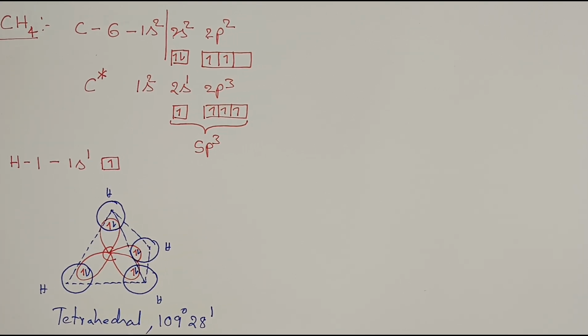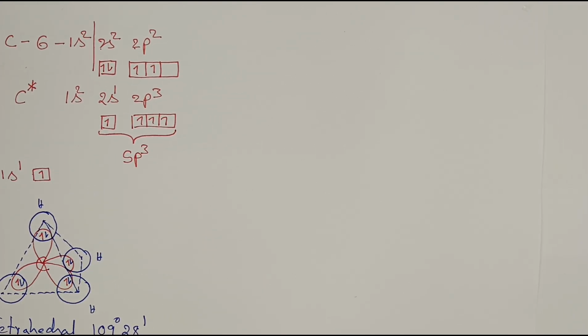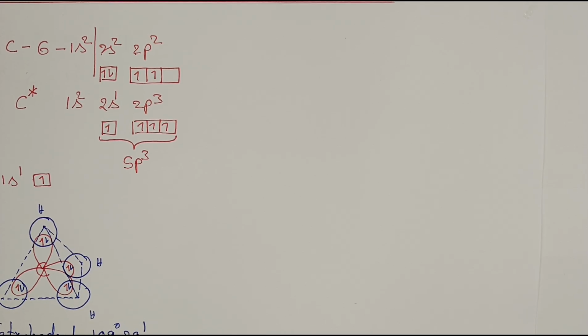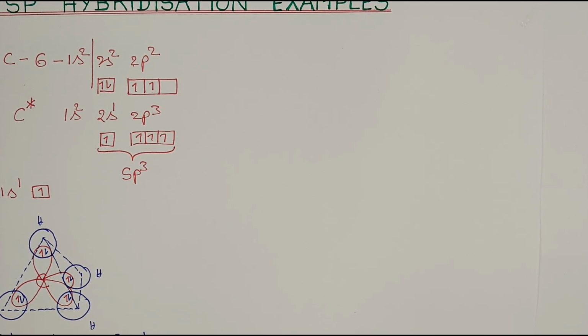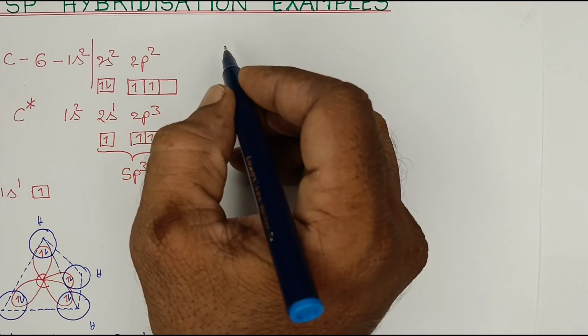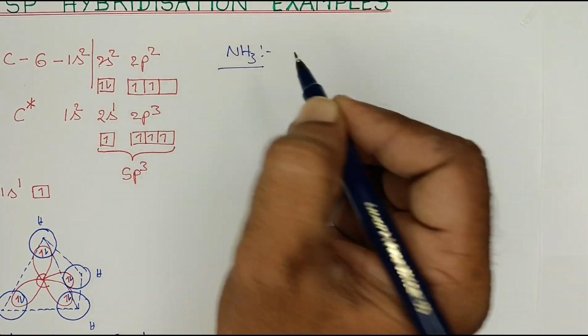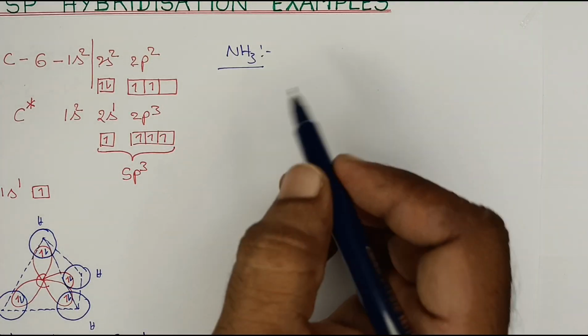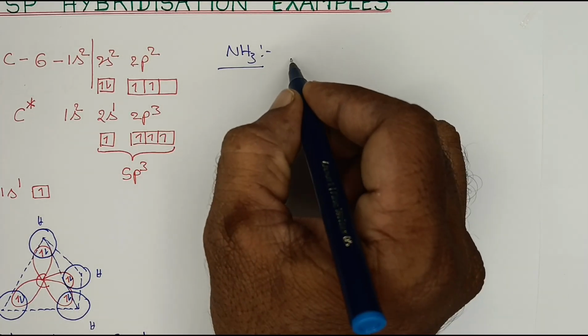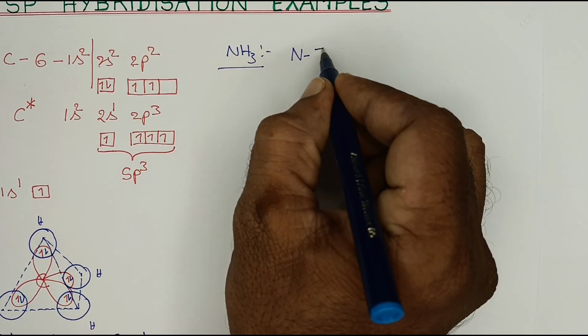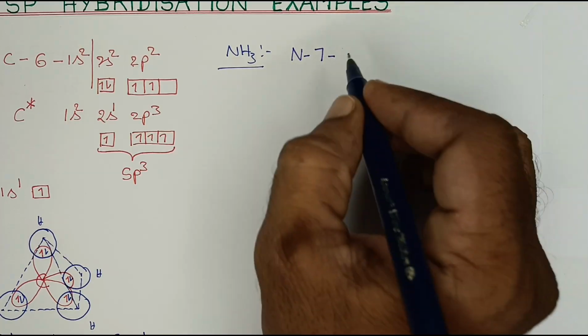Other sp3 hybridization examples are NH3 and H2O, the ammonia and water molecules. First, NH3, ammonia. In the NH3 molecule, the central atom is nitrogen. Nitrogen's atomic number is 7.